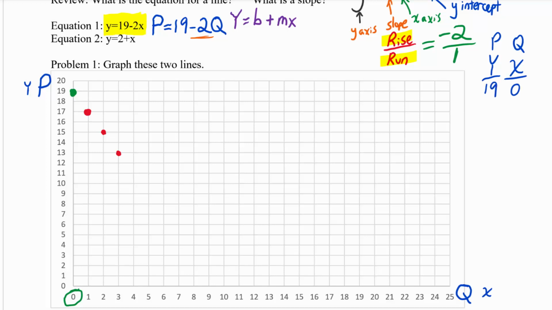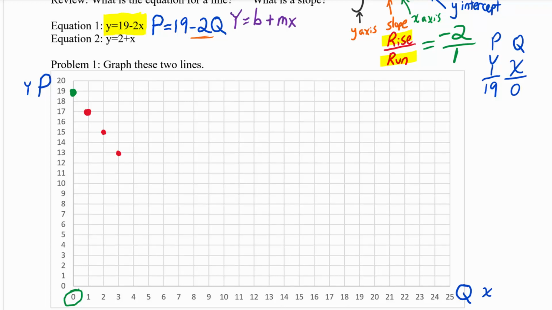We only really need 2 points and then draw a straight line through it. However, in practice, you probably want to do more than 2 points, or at least make sure that the 2 points are pretty far apart. If you're graphing this by hand, you want to make sure that your line is perfectly straight so that you don't get misled about various points on the line. So you want to make sure you know exactly where this line is going.